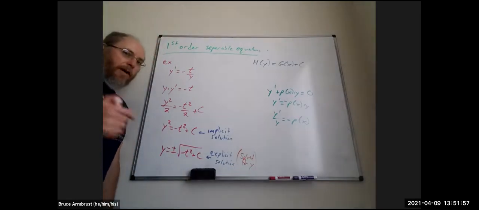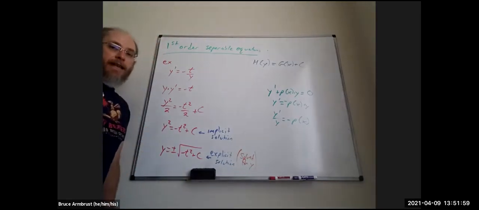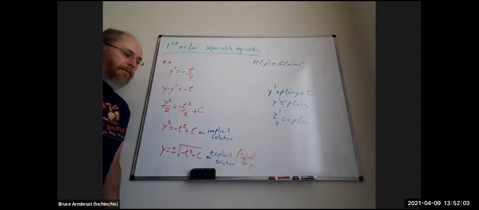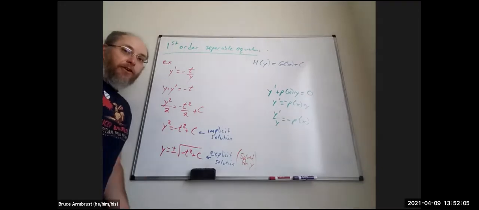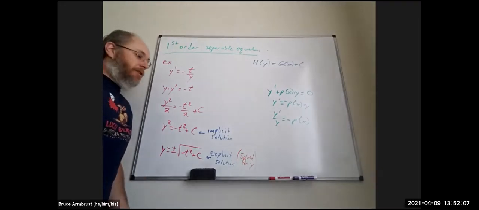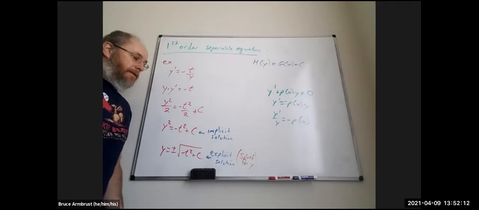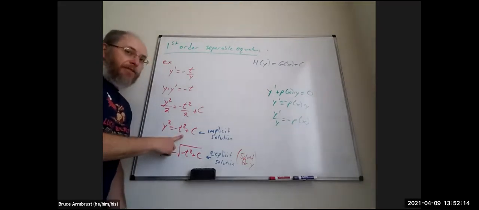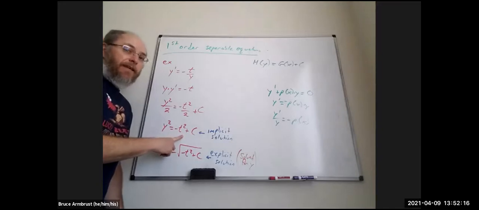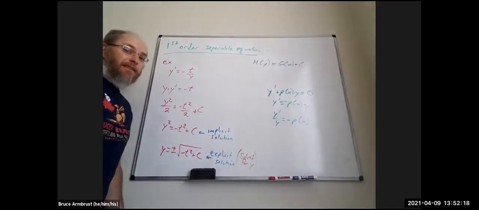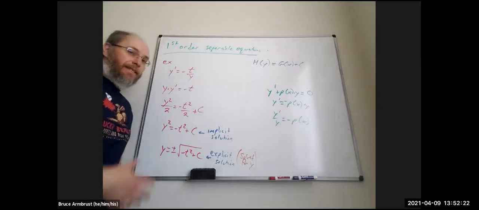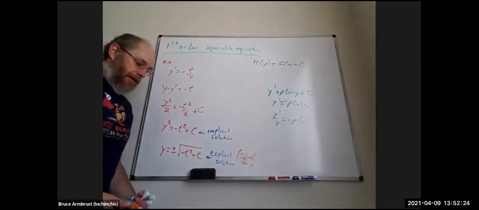So if you ever go all the way and you solve it for y, that's an explicit solution. However, you don't have to do that. You can just go with an implicit solution. And in fact, sometimes you have to leave it implicitly. Sometimes you can't solve it for y. So in those circumstances, you want to leave it like that.